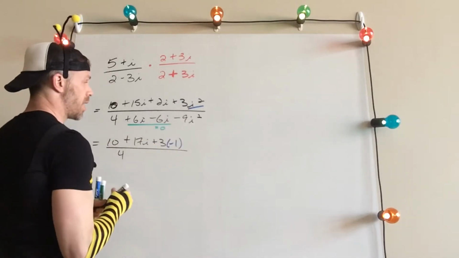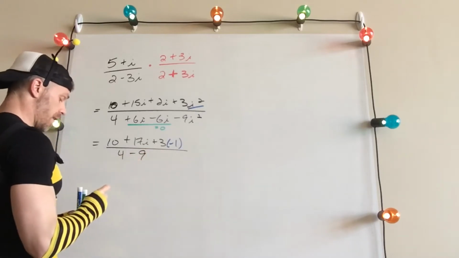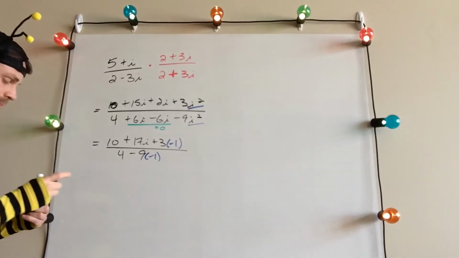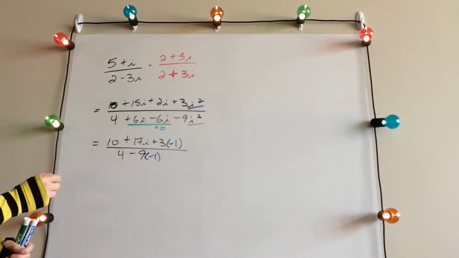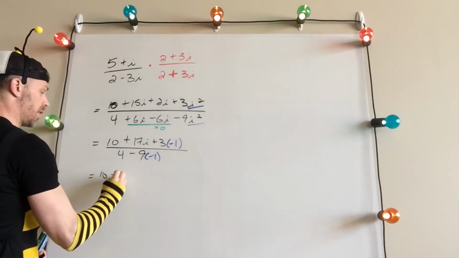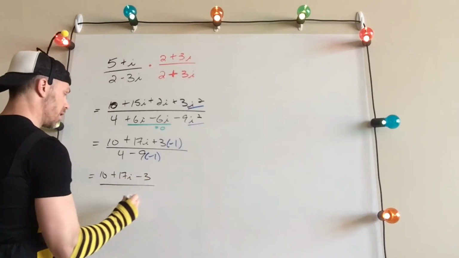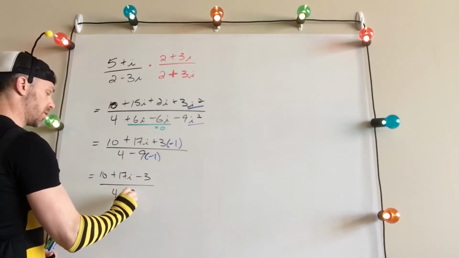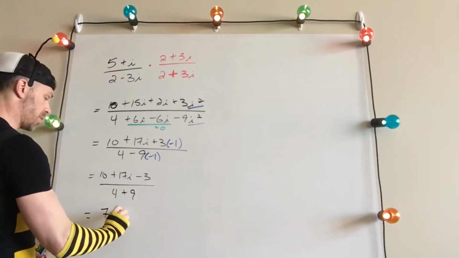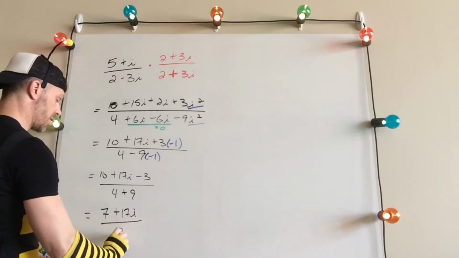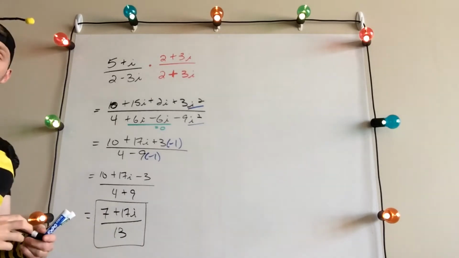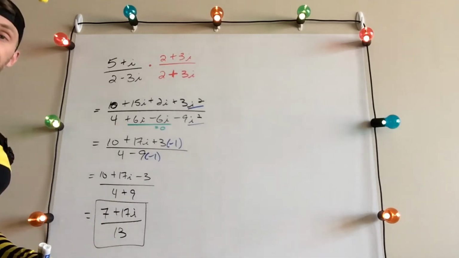And then the minus 9i squared, we have the minus 9, and the i squared again turns into a negative 1. All right, where are we at? It becomes 10 plus 17i minus 3 over 4 plus 9. So we're at 7 plus 17i over 13. We can't reduce that, so we can leave it just like that.